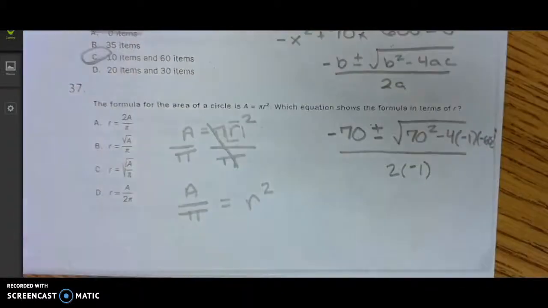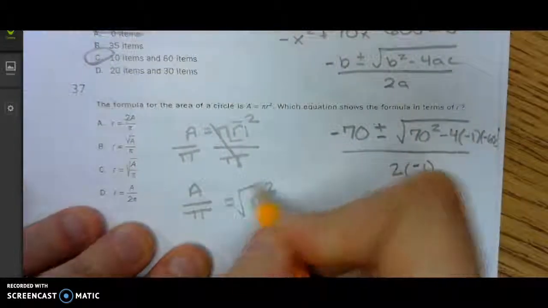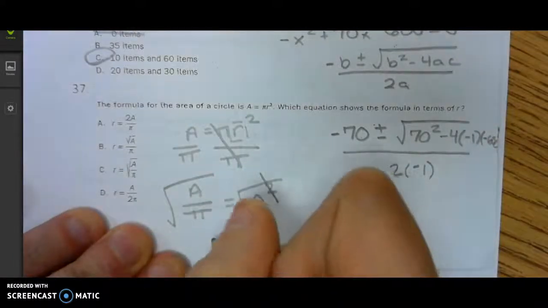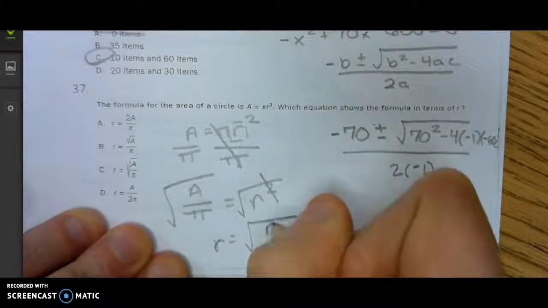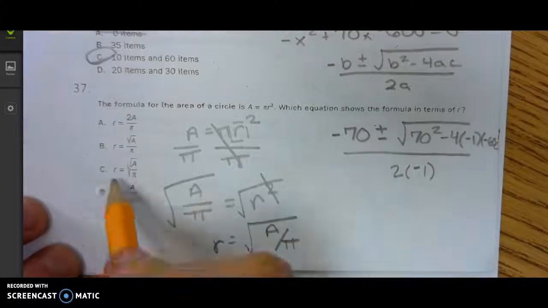Now I've got r squared. They didn't ask me to solve for r squared. They asked me to solve for r. So I am going to take the square root because that is the opposite of squaring. Those will cancel. Square root both sides. And that is C.